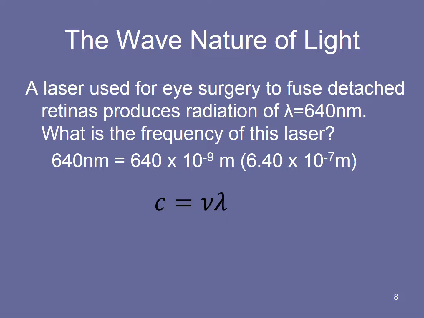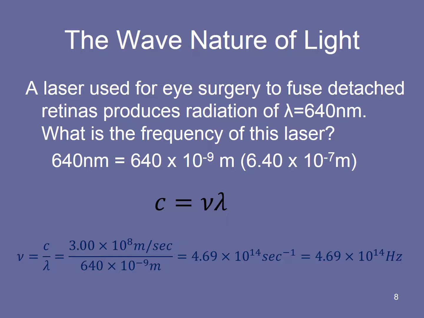So we convert 640 nanometers, which is 640 times 10 to the minus 9th meters. Notice it's technically correct to write 6.4 times 10 to the minus 7th meters, but if you're just using it in the calculation, you can leave it times 10 to the minus 9th since it's easier to see.